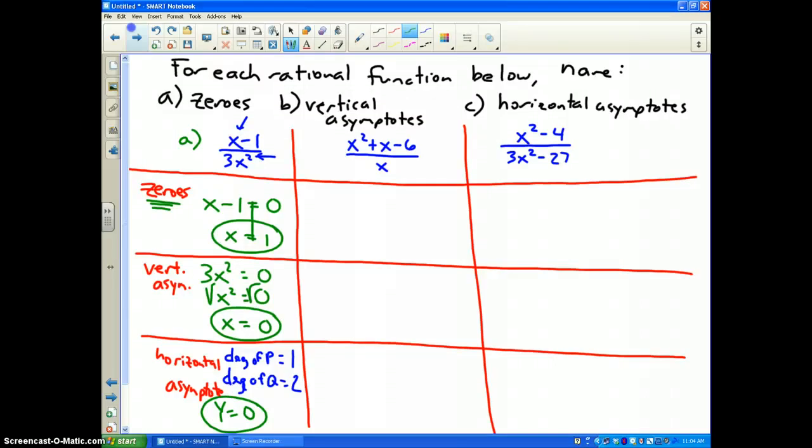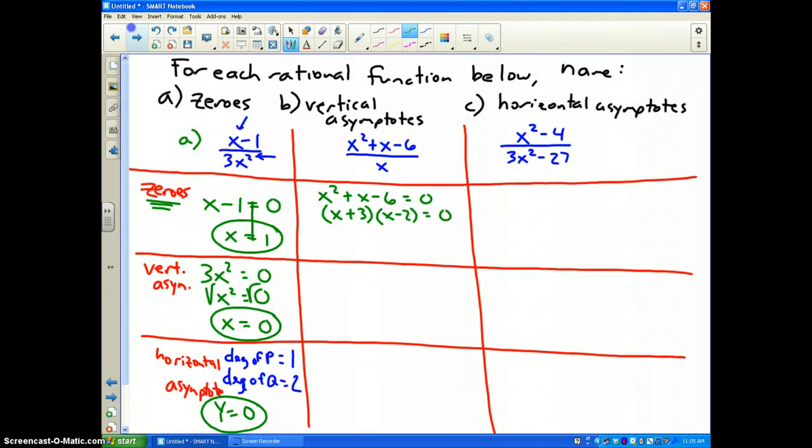All right, let's try that again. Number 2. The zeros are where the numerator is equal to 0. X squared plus x minus 6 equals 0. Well, I'm going to have to factor this. That's going to come out to be x plus 3 times x minus 2, which is equal to 0.